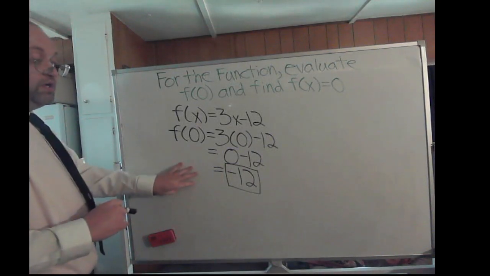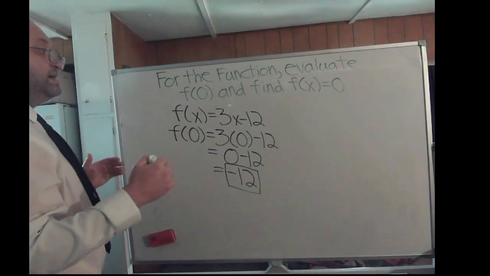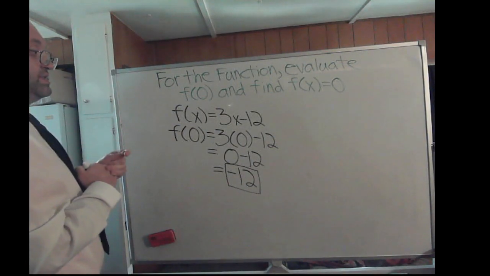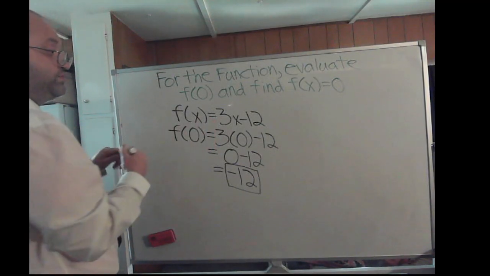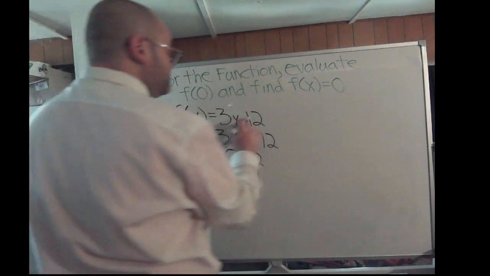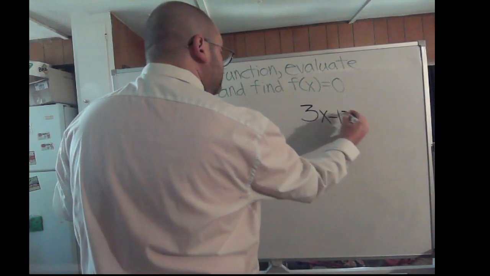Now the other component of this problem is to set f of x equal to 0 and solve that. In order to set f of x equal to 0, well, f of x equals 3x minus 12, right? You just take the 3x minus 12 and set that equal to 0.